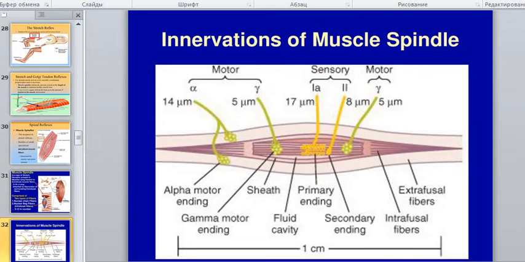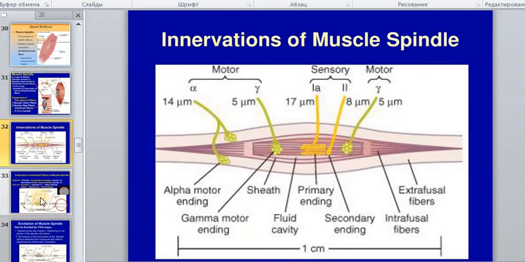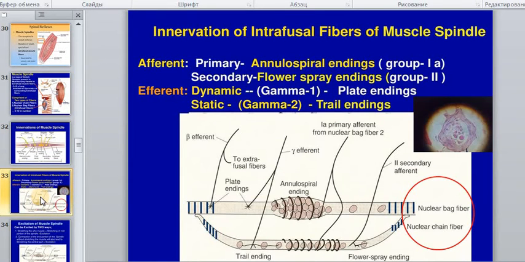Muscle spindles are composed of 5 to 14 muscle fibers, of which there are three types: dynamic nuclear bag fibers, and static nuclear bag fibers, and nuclear chain fibers. Usually they are inside the muscle spindle, and here we see it even better: nuclear bag fiber and nuclear chain fiber, and we have dynamic and static fibers.